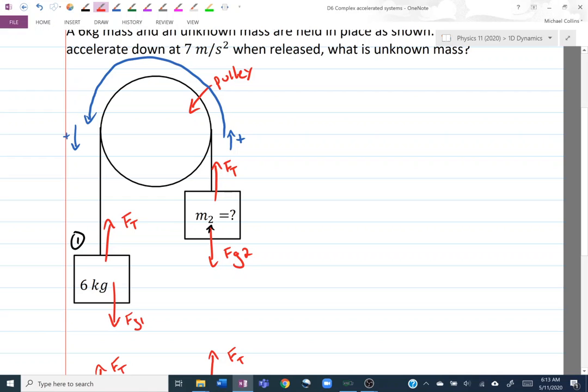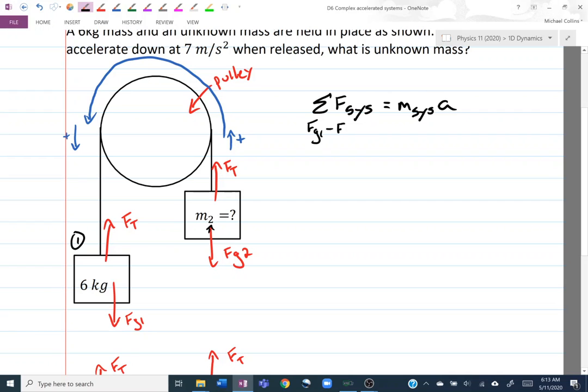This is FG1, which means if I take a look at the sum of my forces on my entire system, that's going to be equal to the mass of my system times its acceleration. It means that I will have a positive FG1. It's going down on this side, so that's a positive.